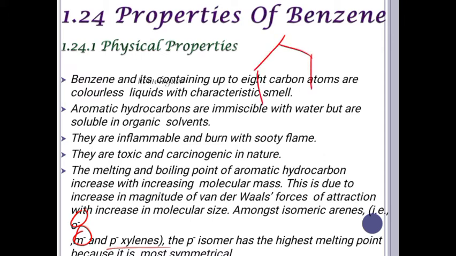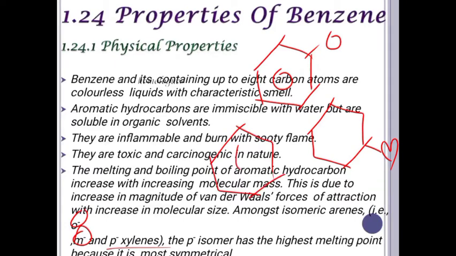For example, if we draw a compound, this position is known as the ortho position, and this position is meta. This position is para. So if we cut here, two sides are equal in nature.